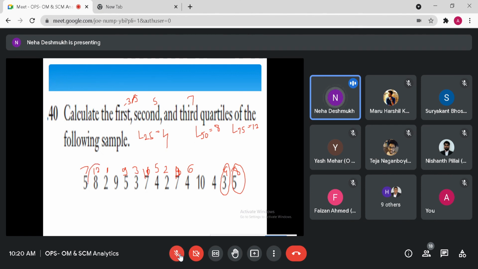No. So this is the 12th position for L75. Is it clear? Position is 7, ma'am, how? See, this is 1. Where is 1? Ma'am, there is one more 4. You missed that. Yes, there are three 4s. Okay, so it will be 8. No, it will be 7.